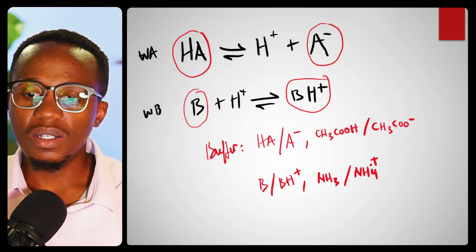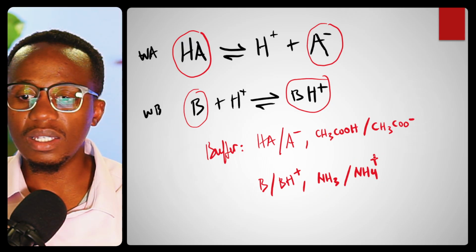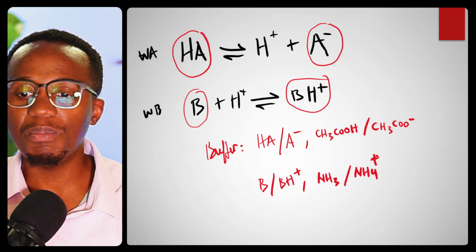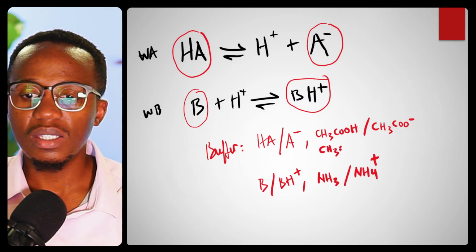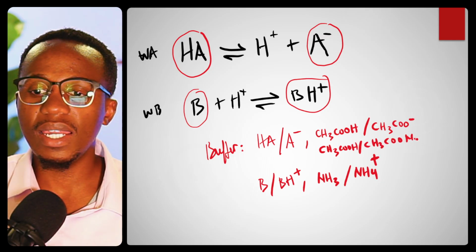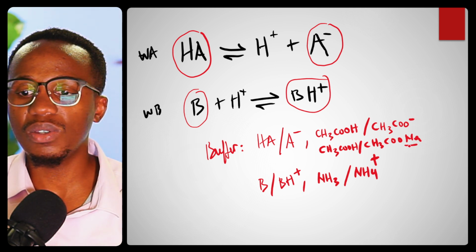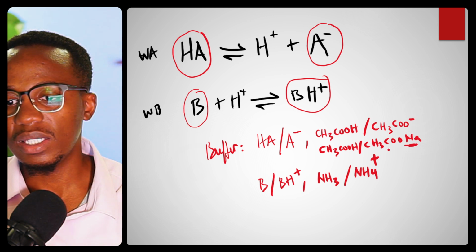By the way, because they are in solution, instead of being ions like this, we can have CH3COOH and then CH3COONa. It will be bound to sodium. Don't be intimidated by sodium. It's still COO minus. It's still a buffer system.